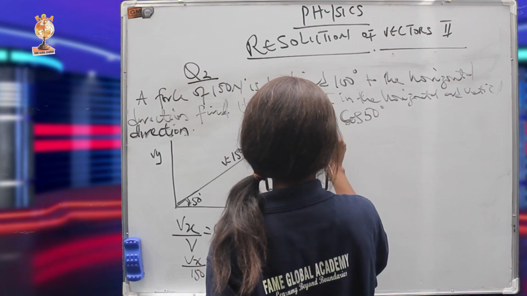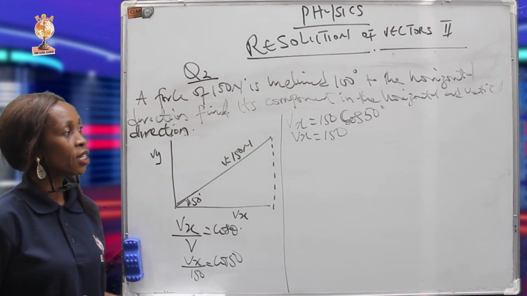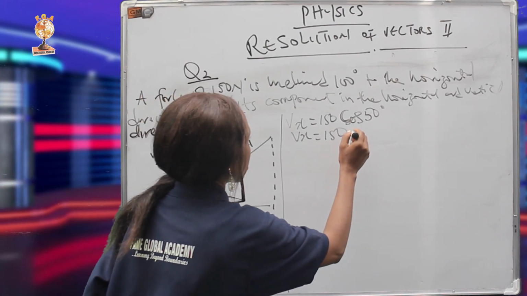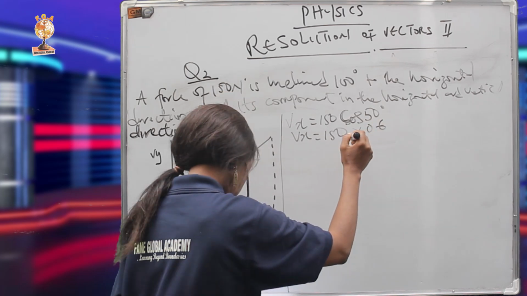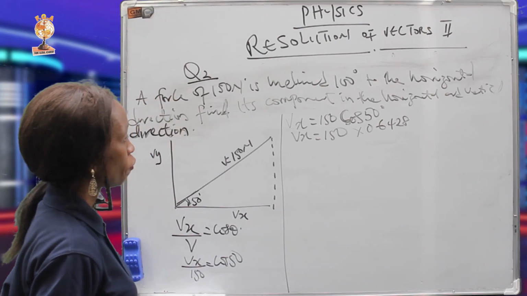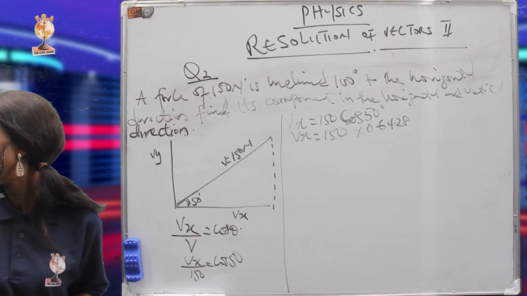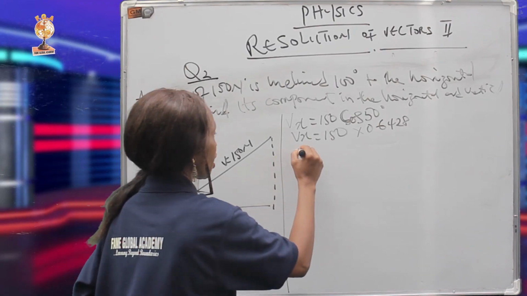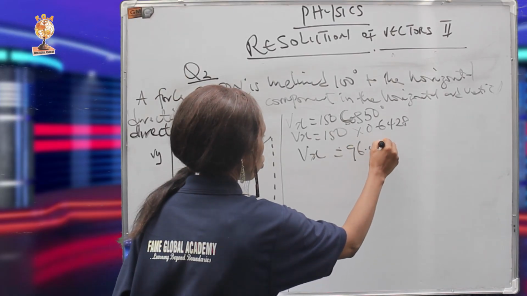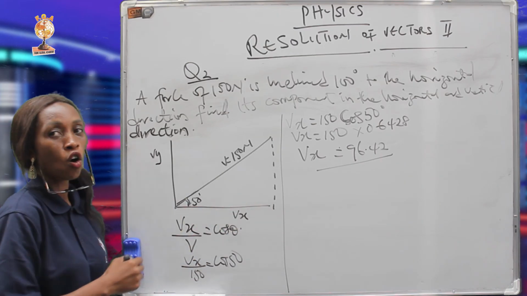Cos 50 degrees is 0.6428. And then Vx, if you multiply together, you're having 96.42 on the horizontal component.